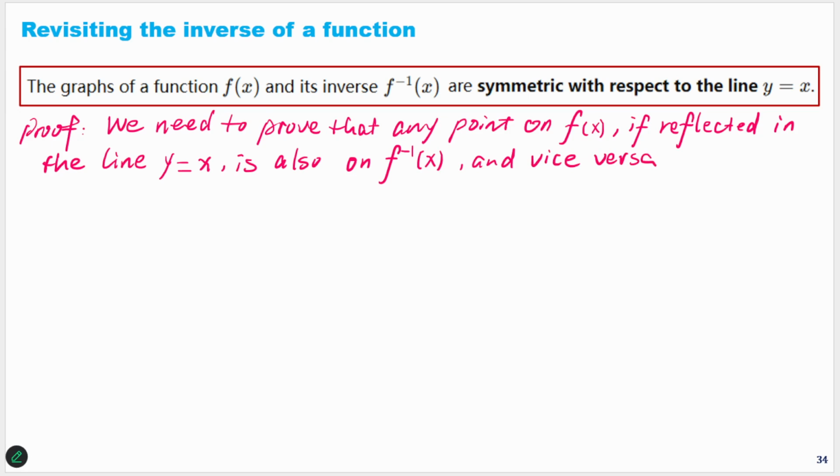So we'll just prove the first half, and use the same method to illustrate. You can do the same thing vice versa.